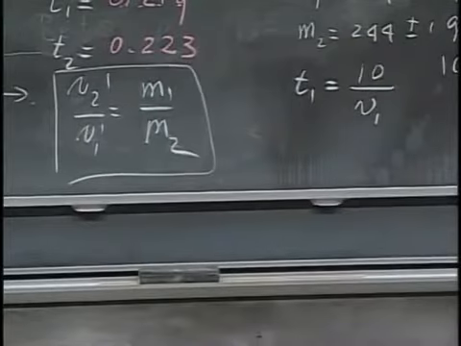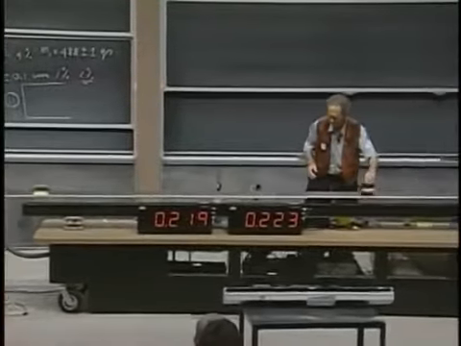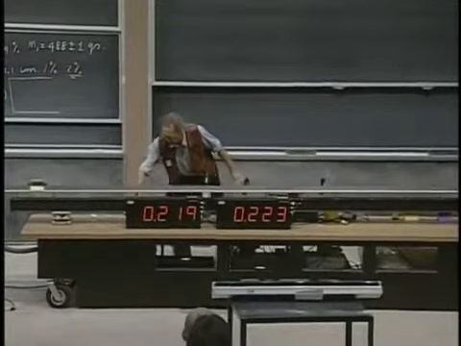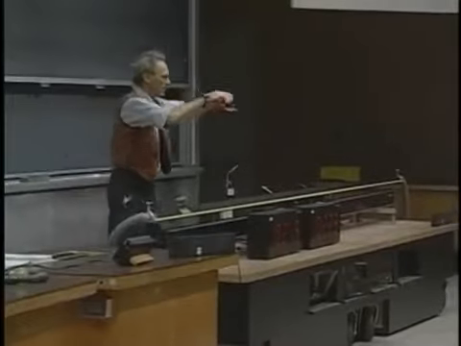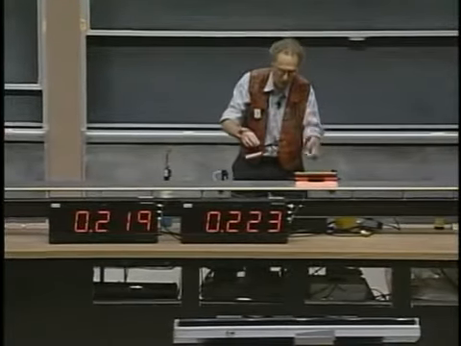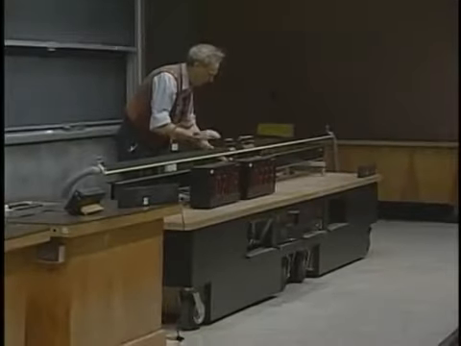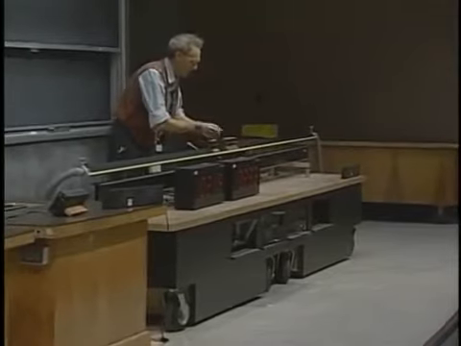And so we're going to redo this experiment now with a car here which is twice the mass, and this one is 1's mass. So this is the 244, and the one on your right is the 488. So I have to bring them together again with a string.